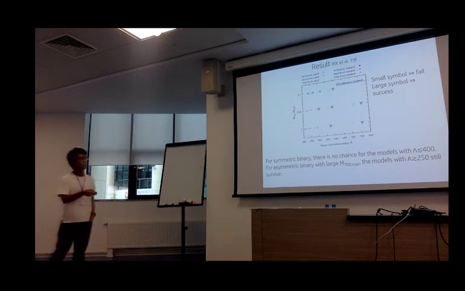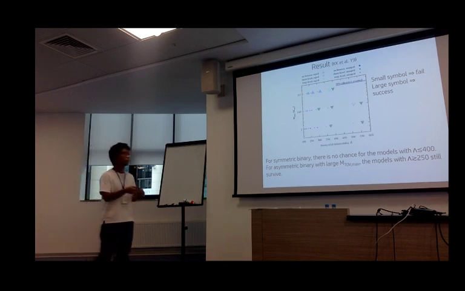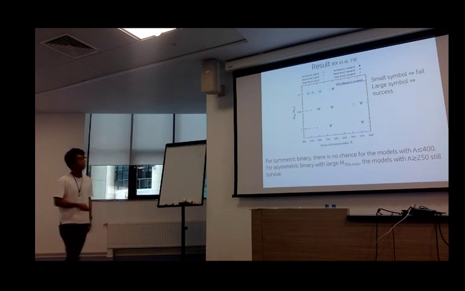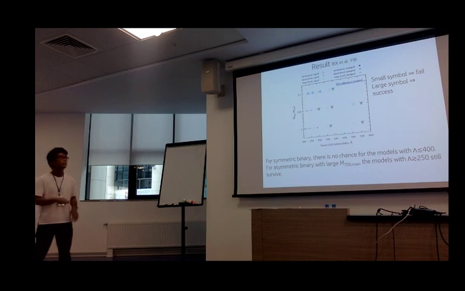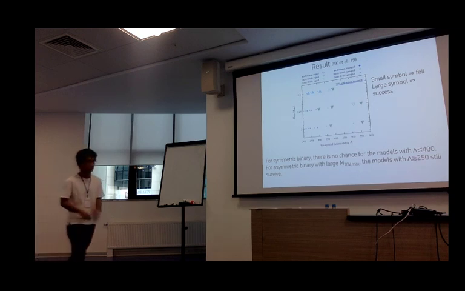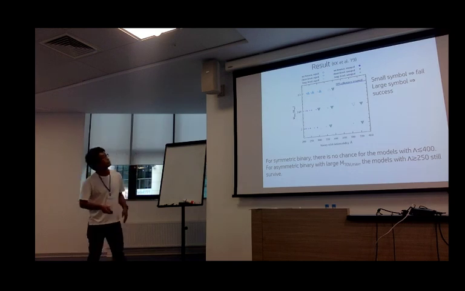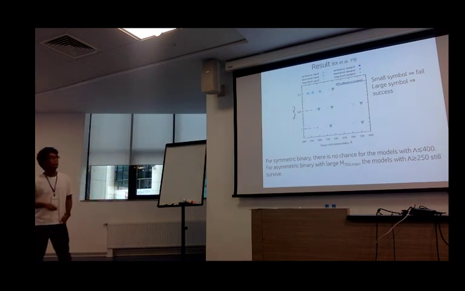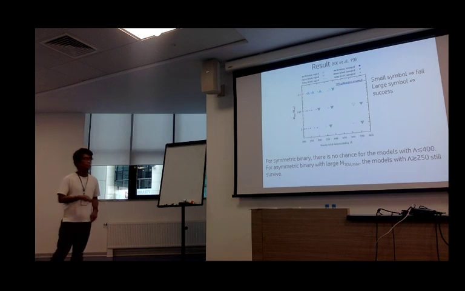So the message of this figure is that the joint analysis of the EM counterpart and gravitational waves should be performed on the maximum mass and TOV star plane, and the accurate measurement of the mass ratio is also very important.